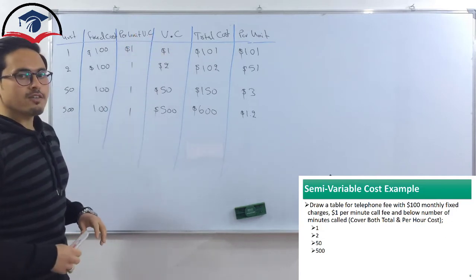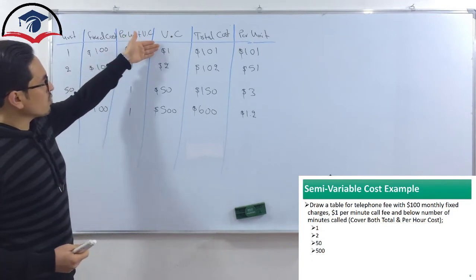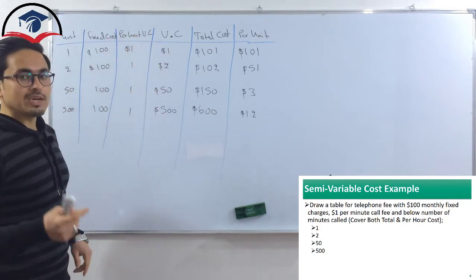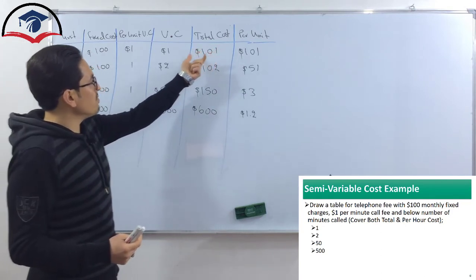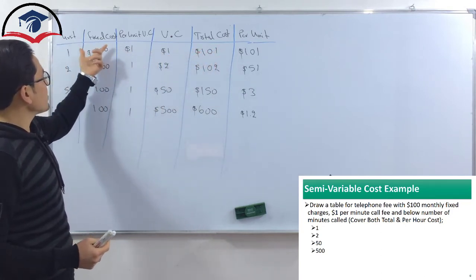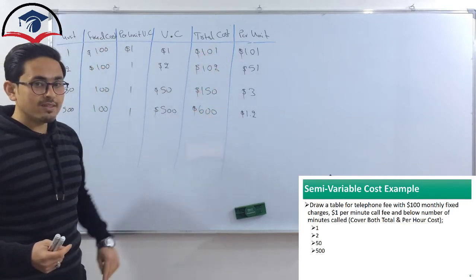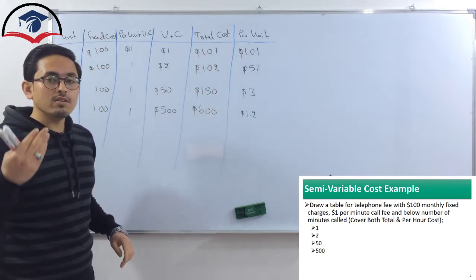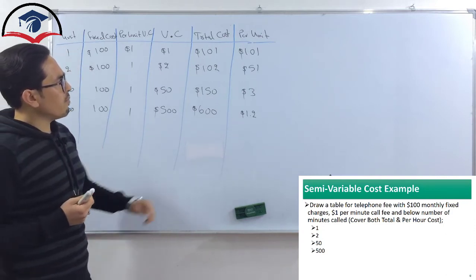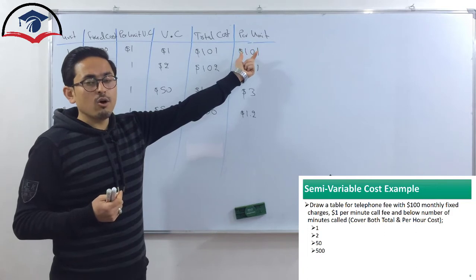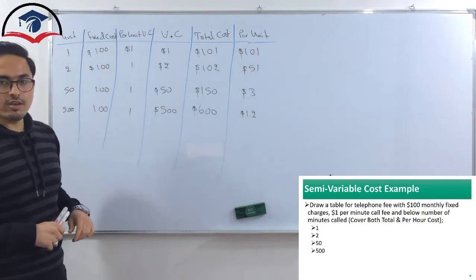For variable cost in total, when the level of activity increases, the total variable cost also increases. The total cost is made up of variable cost and fixed cost, so the same, there will be an increasing trend when the level of activity increases. But the per unit cost will decrease when the level of activity increases.